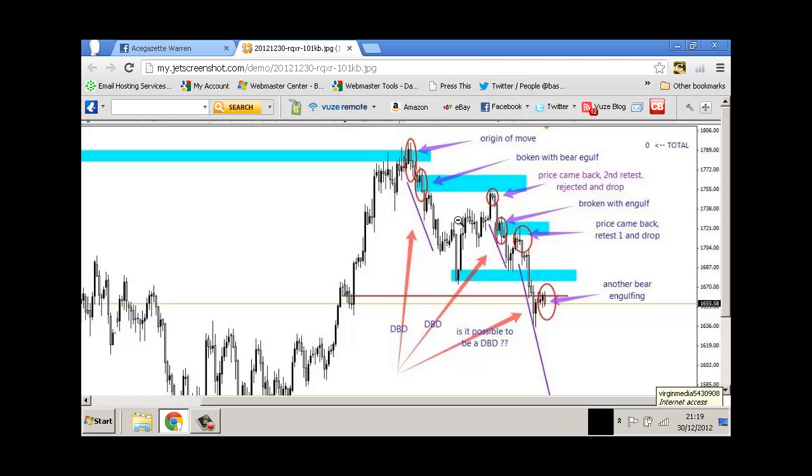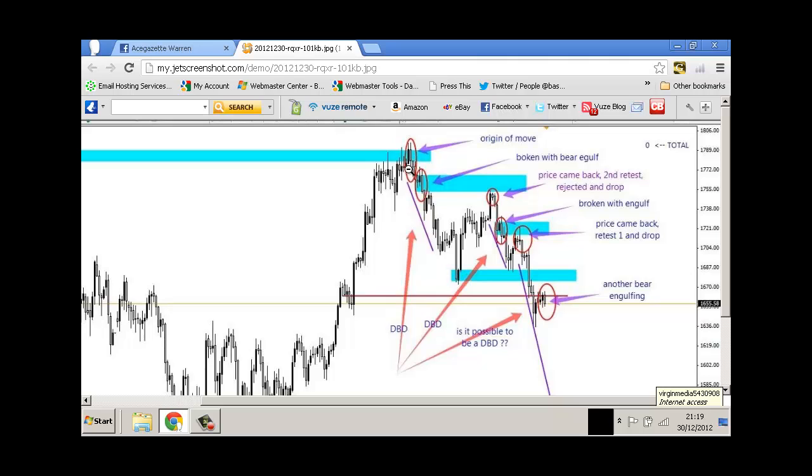Now because it's taken out this one here, it goes up to the next level, the last supply. Price wants to push down to here, drops down lower, finds demand at the base of this, the turning point there.